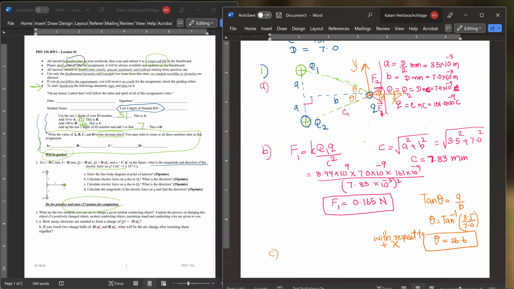So the important things are drawing, clear work, and a step-by-step solution: write the formula you learned from the class, then plug in the values, and your answer should be boxed and the unit should be there, and your significant figures should be considered as much as possible in your final answer. And if you find any vector, it should have a direction, although the question is not asking for it. So that will be the procedure that you need to follow throughout the semester. Okay, so that's it for today.